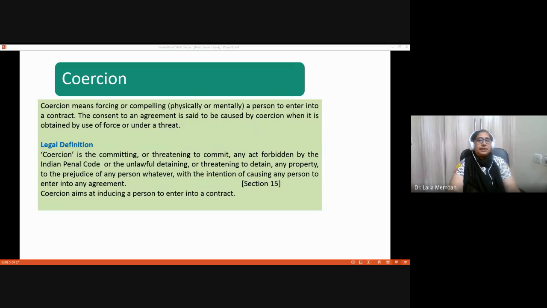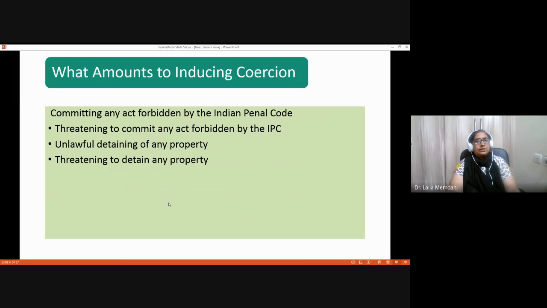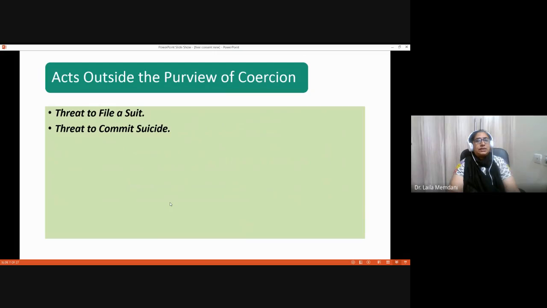Unlawfully detaining any property or any person, and threatening to detain any property or any person, is also coercion. So these are the four things which come into the legal definition. What are the constituents of coercion? We have already done it.